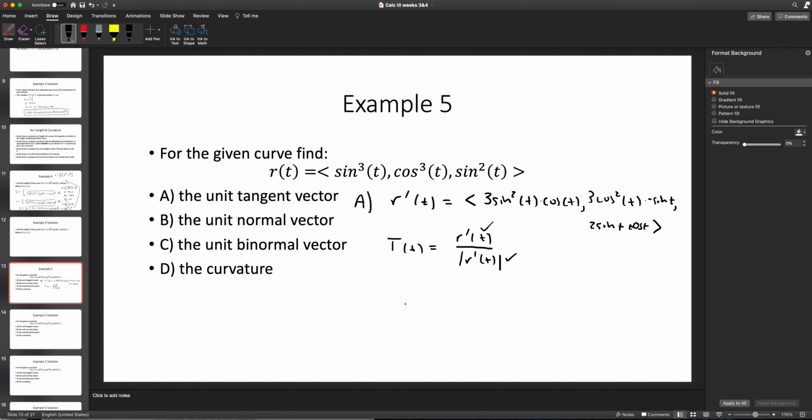Hopefully there will be some simplification and division going on, where we can simplify this in a nice way. Let's compute the length here.